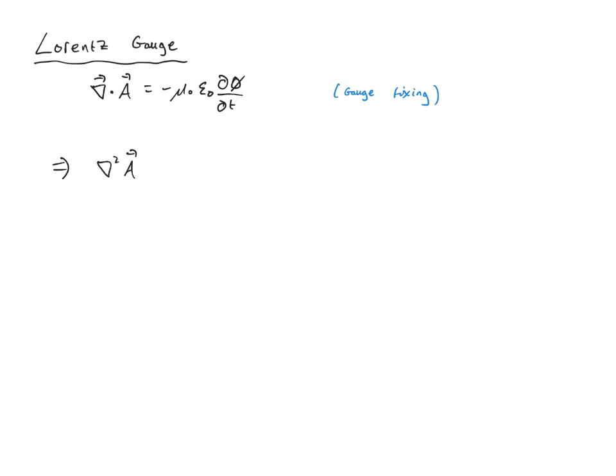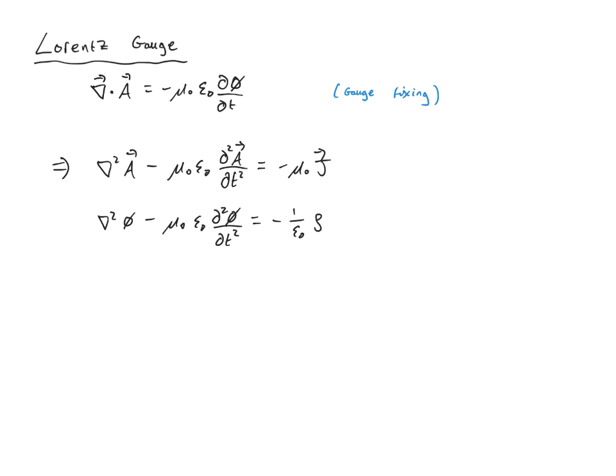So first of all, we can write the vector potential in this form, which is actually decoupled on this level from the scalar potential. And we can write another equation for the scalar potential, which has exactly the same structure. And this is, of course, the nice feature of the Lorentz gauge, or one of the nice features.